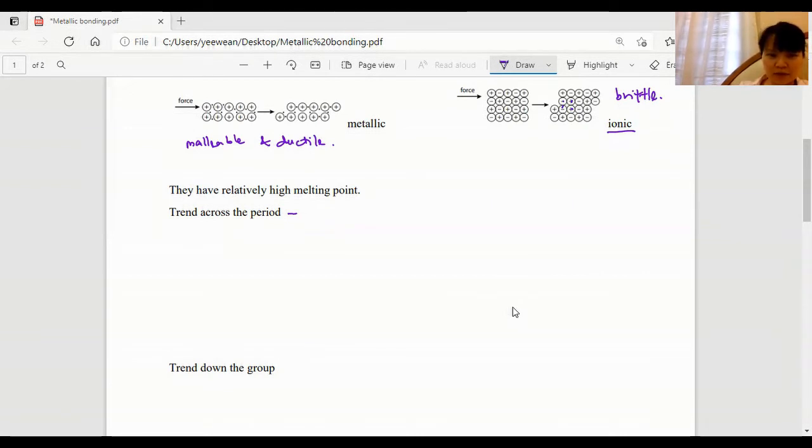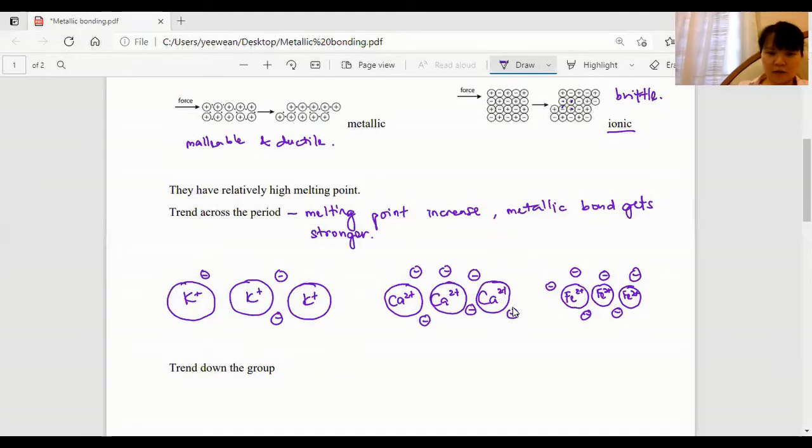Let's see some examples like potassium, calcium, and a transition element. Let's compare potassium and calcium first. First of all, potassium only delocalizes one electron into the cloud of electrons. Compared to calcium, it delocalizes 2 electrons from each atom into the cloud of electrons to form a 2+ ion.